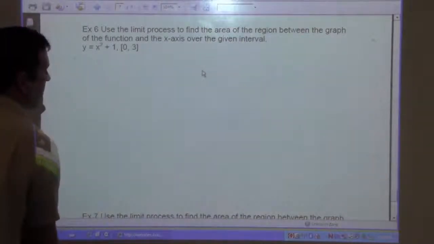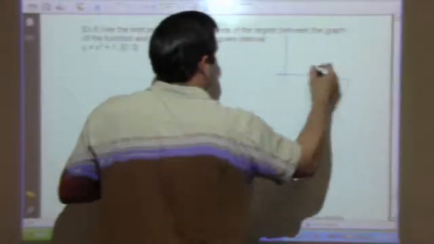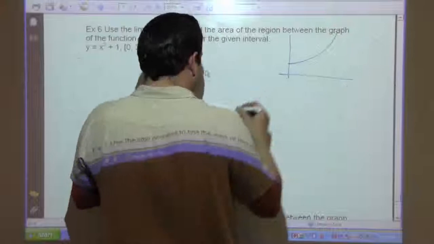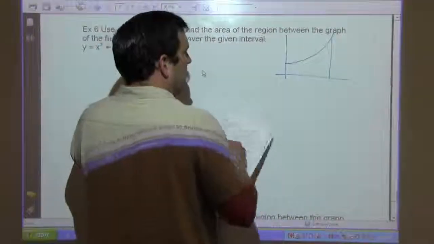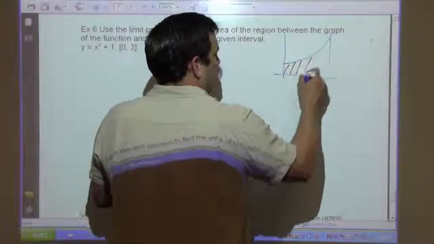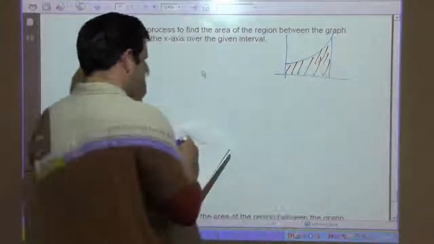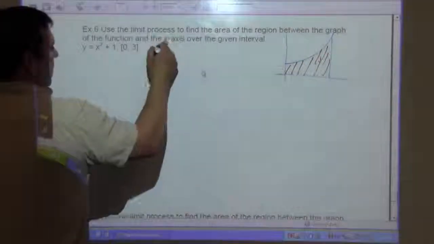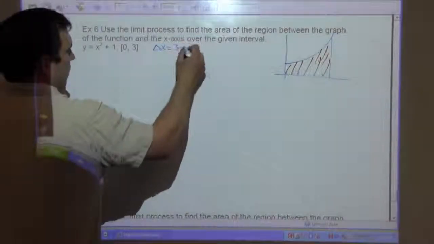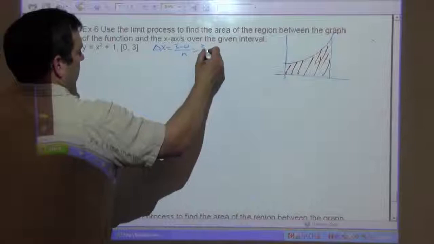So y equals x squared plus 1 from 0 to 3. What we're talking about here is a curve like that from 0 to 3. We want this area. So our delta x is going to be 3 minus 0 over n, or 3 over n.